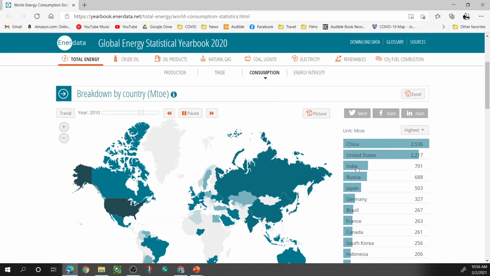Now, India hasn't overtaken the United States yet, but it is now the third largest energy consumption country. The United States now is number two, and China continues to grow.